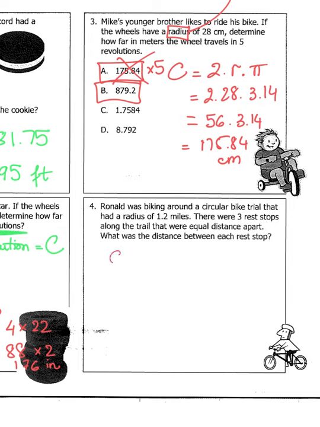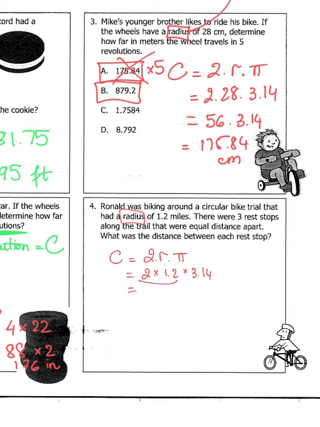First, we're going to find the circumference. Now they're giving you the radius, so we're going to use the formula of the radius. So 2 radius times pi, which is 2 times 1.2 times 3.14.